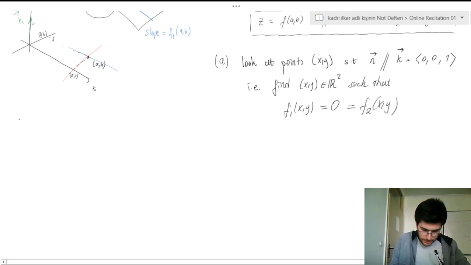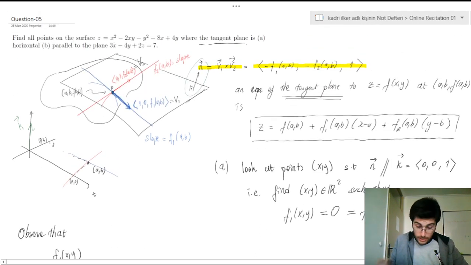Now let's check. What is f1 xy? F is already given.